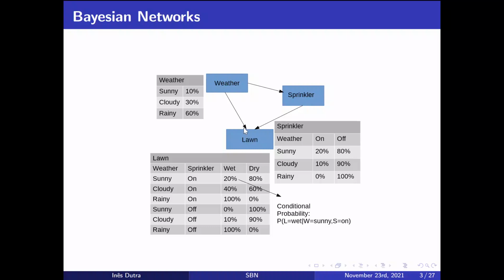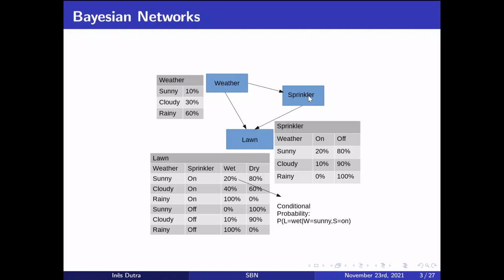And this network says that the weather is influencing somehow the lawn and the sprinkler, and the sprinkler influences the lawn. So for each one of these nodes, we build a conditional probability table. For weather, as it doesn't have any parents in this graph, we can only build the probabilities for each one of the values that weather can take.